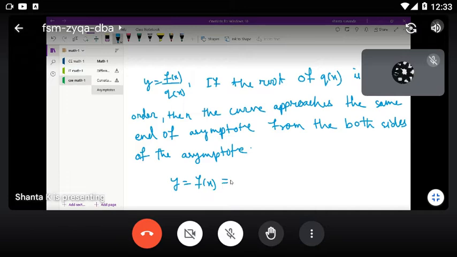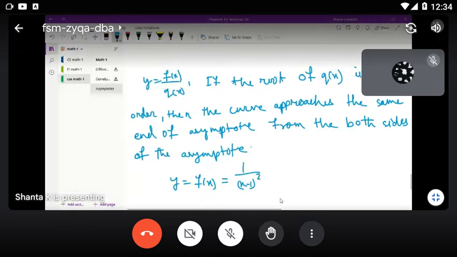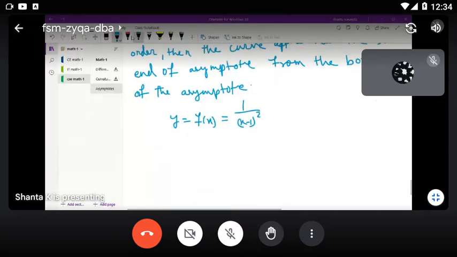There we considered 1 by (x minus 1) cube; here we will consider (x minus 1) square. For this case we can say it will be symmetrical about the asymptote, but it may not be symmetric in general. Suppose we multiply here (x minus 1) square into x cube, it can be this also, right?